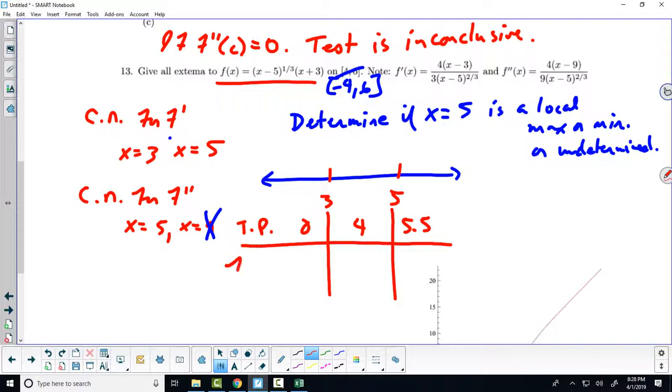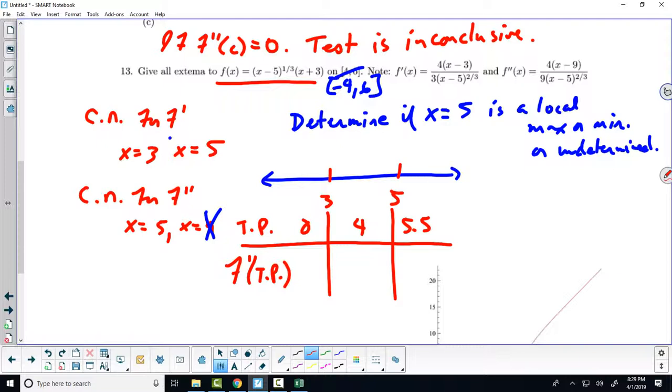Let's look at f prime of the test point. If I plug 0 into the first derivative, the numerator is negative. What's the sign on the denominator? We're taking a cube root, which returns a negative, but then we square it.